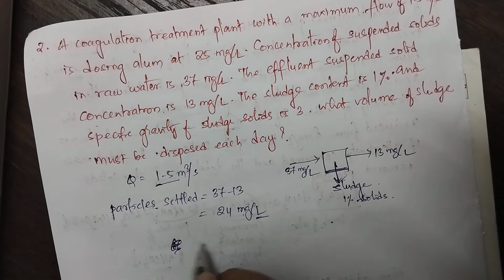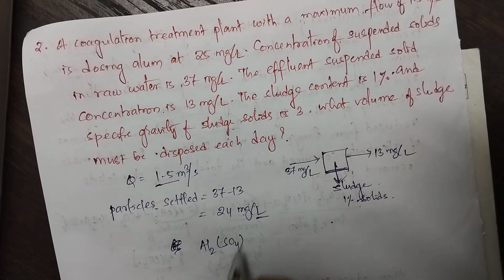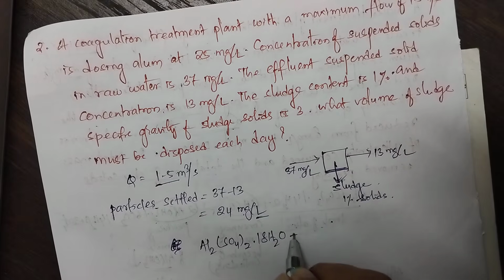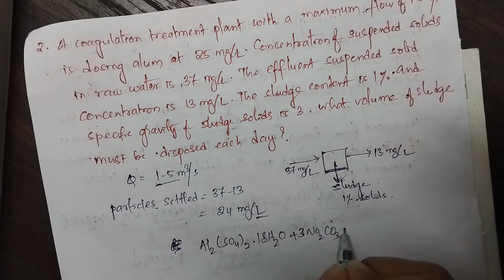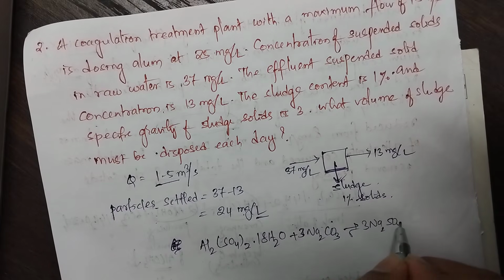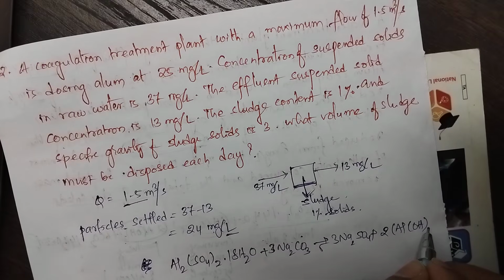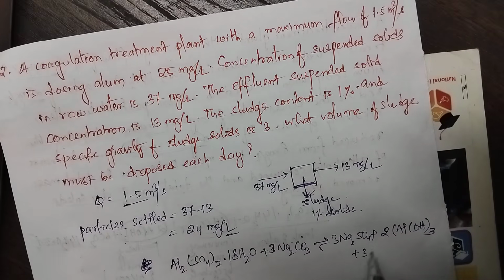Because aluminum, we have 1 mole of, I will write the formula here, Al2(SO4)3.18H2O plus 3Na2CO3 gives 3Na2SO4 plus 2Al(OH)3 plus 3CO2 plus 15H2O.